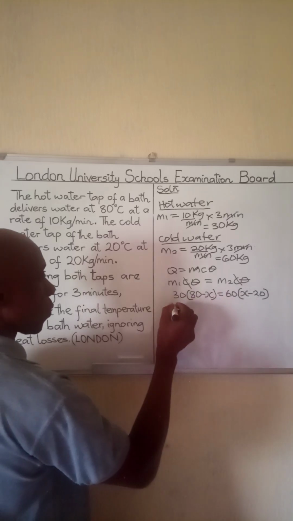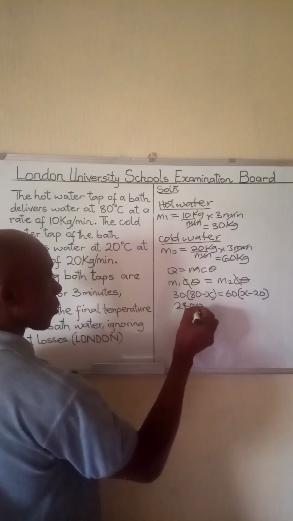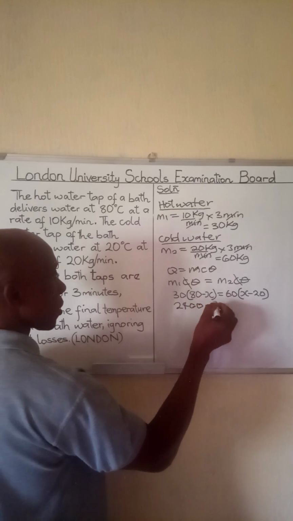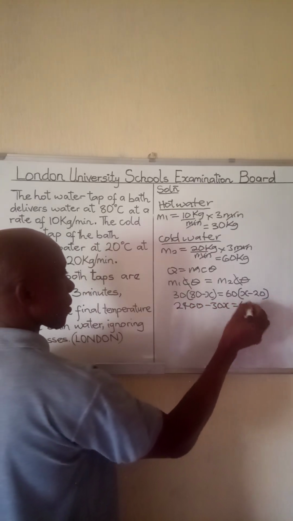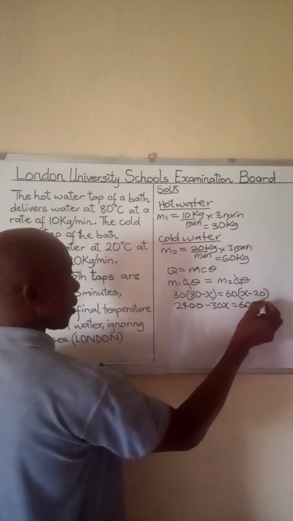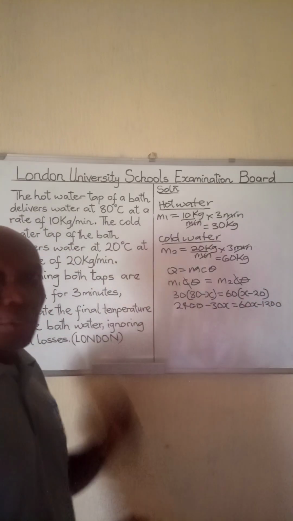We expand this, we will have 2400 minus 30x equals 60x minus 1200. The next thing we do is to rearrange, collecting like terms.